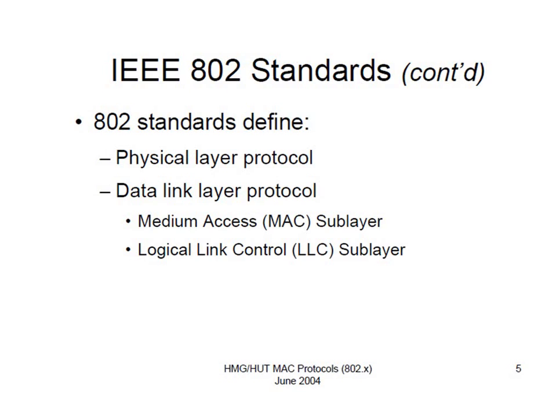The 802 standards are defined for two layers of the OSI model, the physical layer and the data link layer. The data link layer is subdivided into two sublayers: the medium access control sublayer and the logical link control sublayer, which we'll call the MAC sublayer and the LLC sublayer.